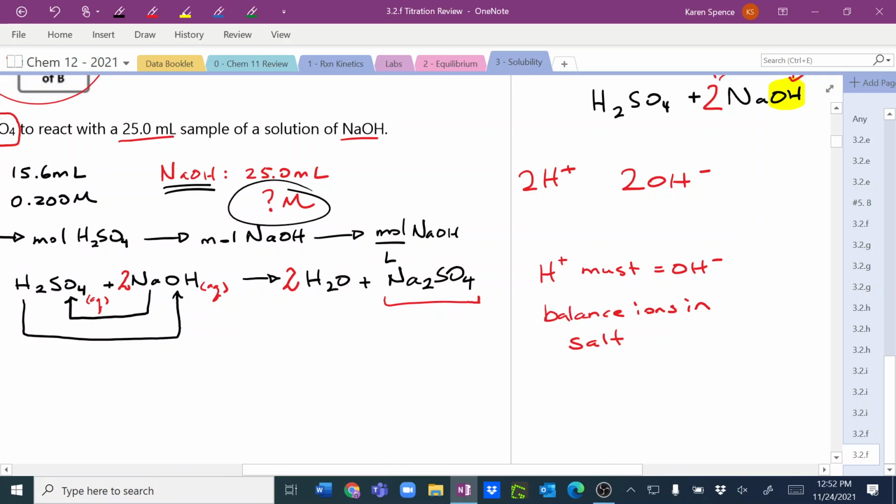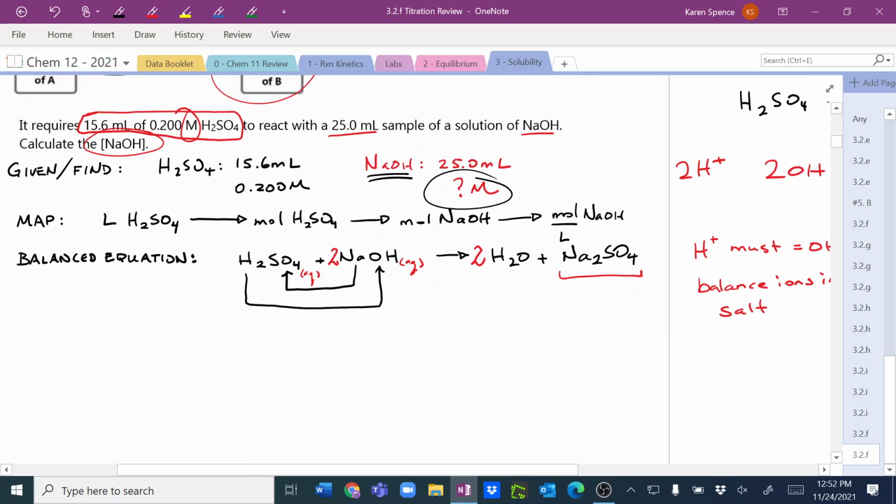So now we have our balanced equation and we've got all our information. Do we want to do it all in one line, or would we like to stop when we get to moles and then calculate concentration? All in one line? Okay. So the concentration of NaOH: I need to have moles over liters as my final unit.